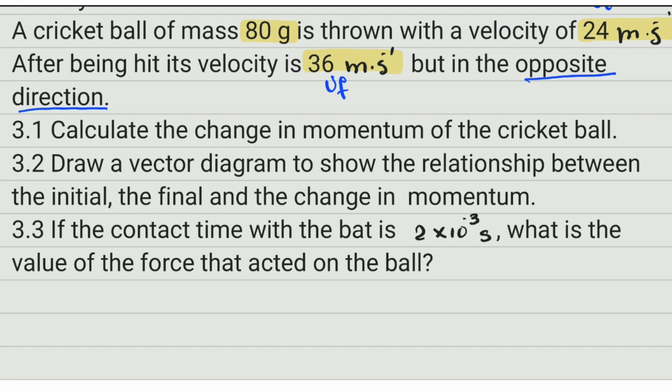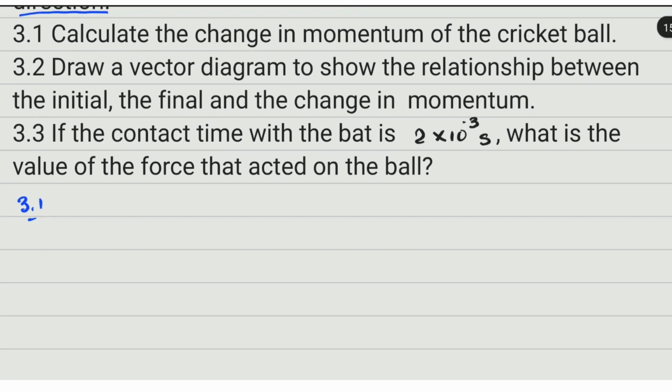So let's start answering this question here. Now, question 3.1. We have the data. Let's just rewrite the data here, but organized. We have that the mass of the ball is equal to 80 grams. We don't work with grams, we have to convert it to kilograms.